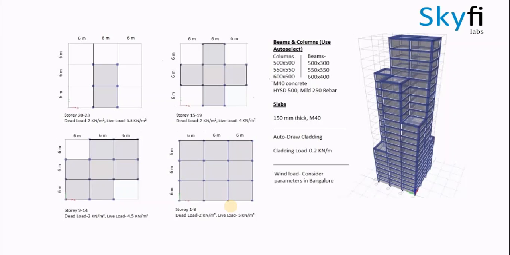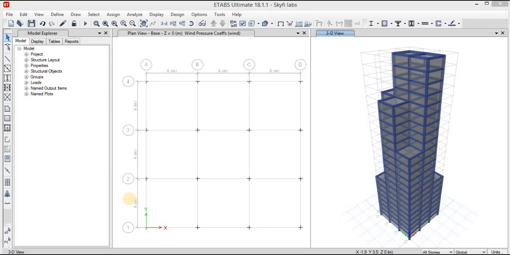So all the parameters which we have taken while modeling the structure can be seen on the screen. So you can see everything here, and now we'll go to ETABS and we'll start designing.